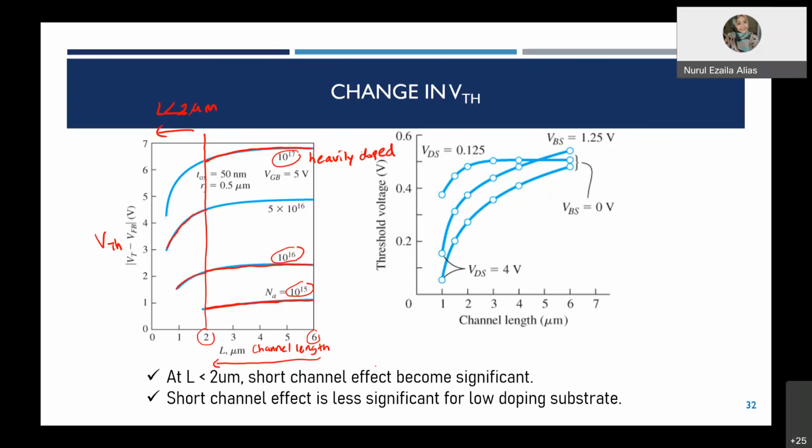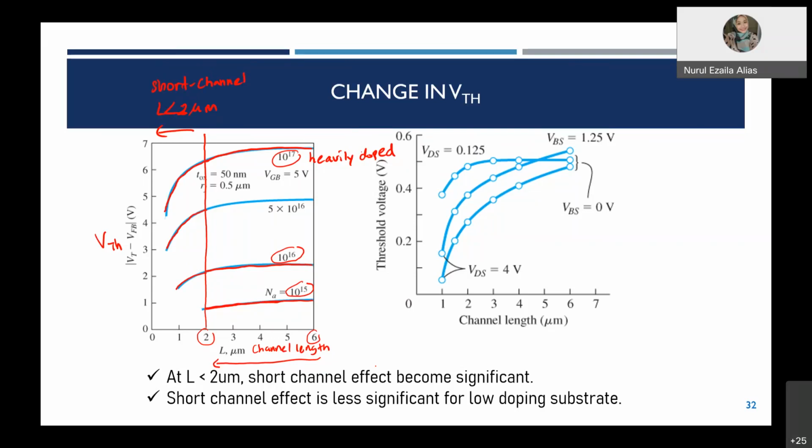So we can assume that short channel effect occurs when L is less than 2 micrometer. We didn't say that 3 micrometer is a short channel yet. But this experiment shown in Neaman shows that the short channel effect occurs when L is less than 2 micrometer.